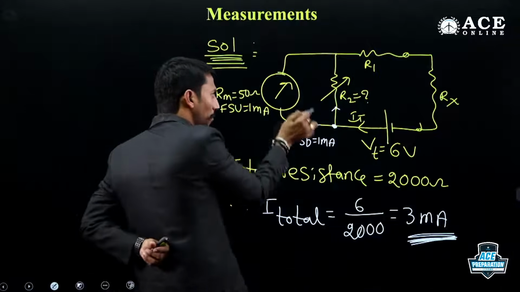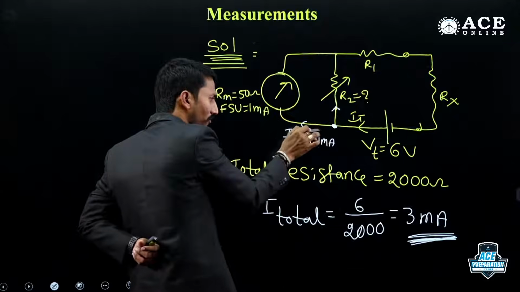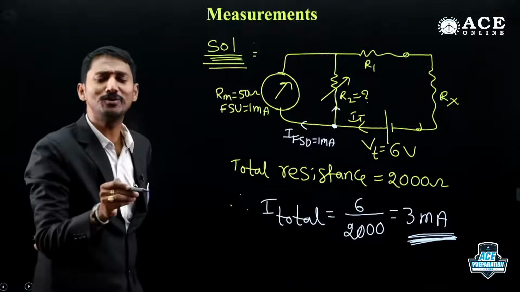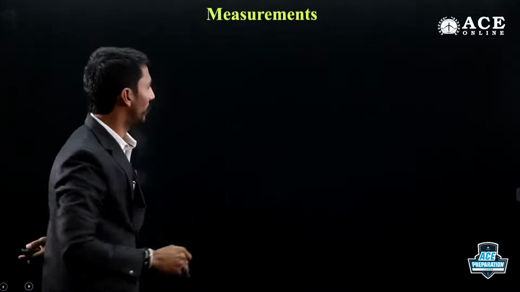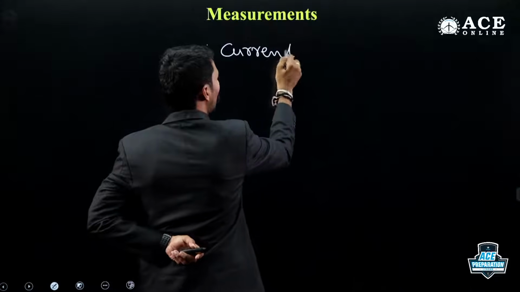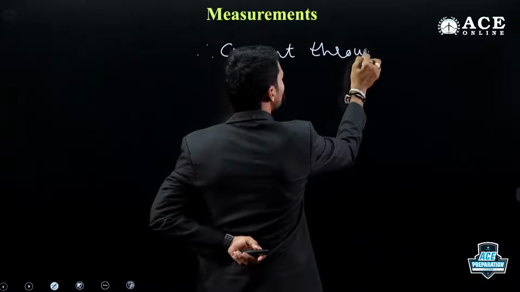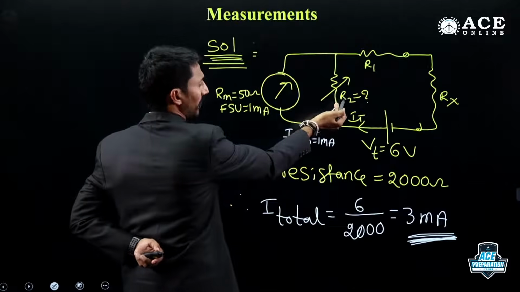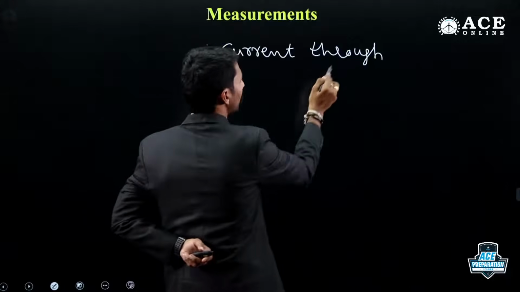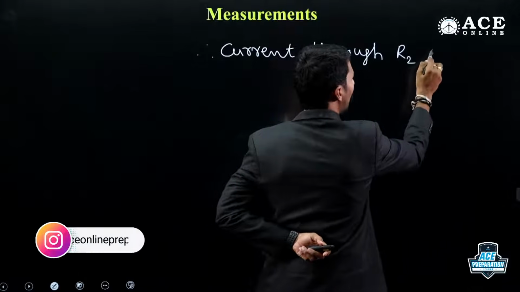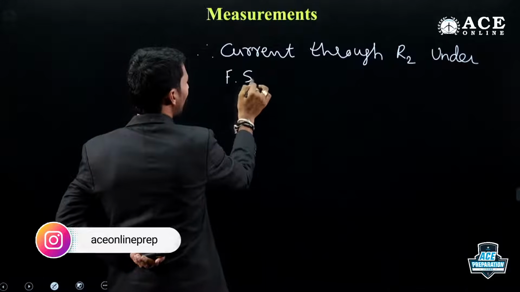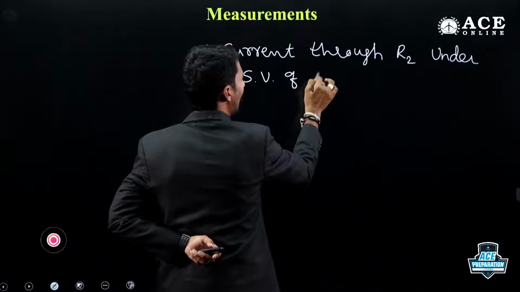Under this condition, 1 milli is going through the meter and 3 milli is coming over here, so automatically the current through R2 will be 2 milli. I am taking R2, as he has given R2 only, so the current through R2 is under the full scale value of the ammeter.